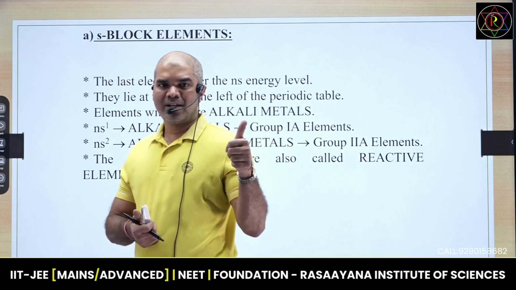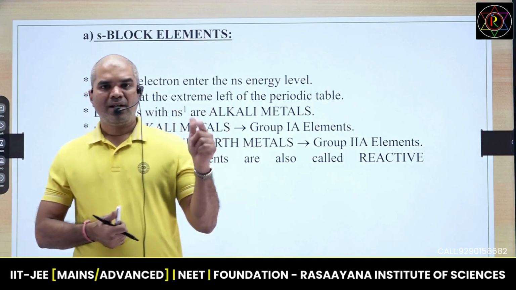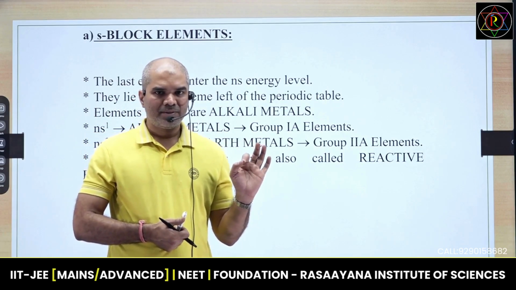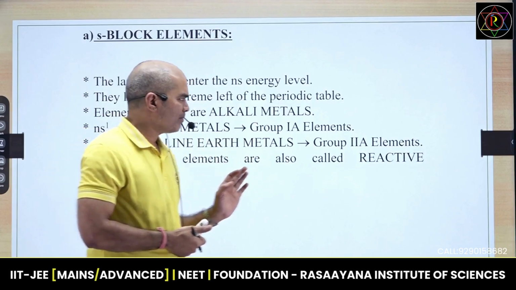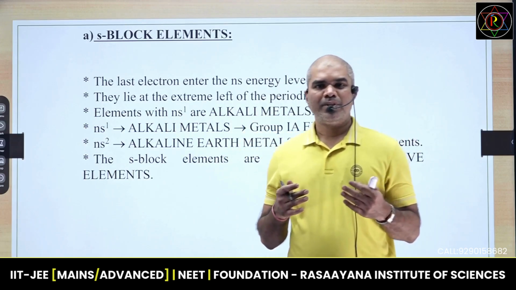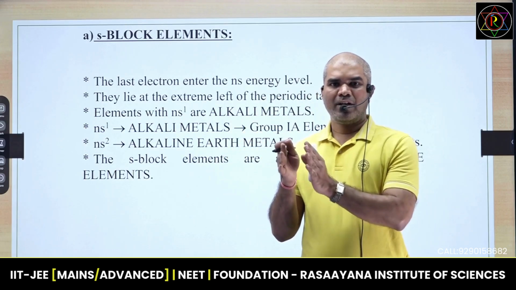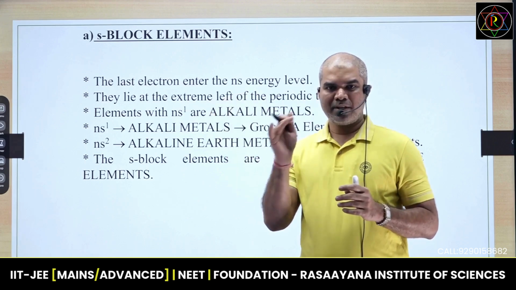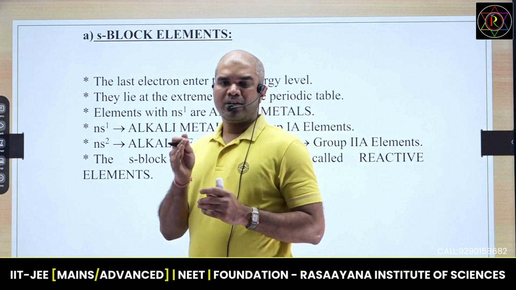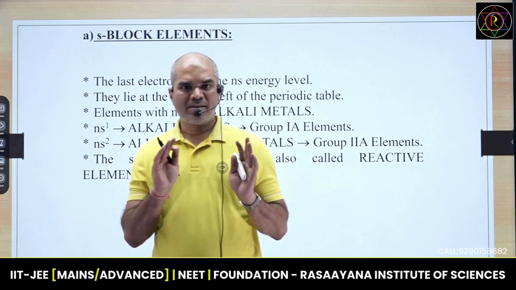So there are two groups. One we call alkali metals, the other one we call alkaline earth metals. Both of them are metals. That is the first important point to remember. Next point, these elements are highly reactive. These are the beginning elements. 1A, these are the beginning elements of each period. Later comes 2A. So 1A as well as 2A come under highly reactive metals.